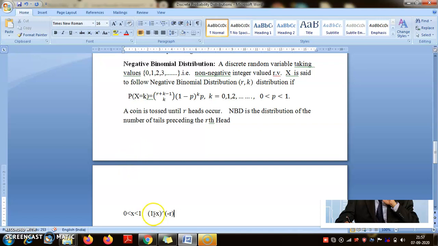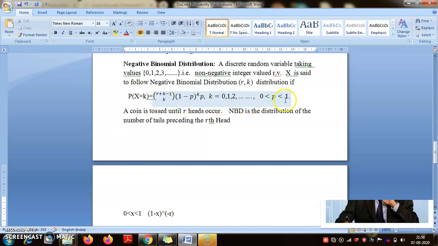This is 1 plus rx plus r(r+1)/2 x squared and so on, an infinite series. So the general term looks like this. If you sum over all values of k, p is a constant and comes out, and letting x be 1 minus p, the sum would be 1 minus p... actually 1 minus x, that is p, raised to the power minus r. So it is 1.